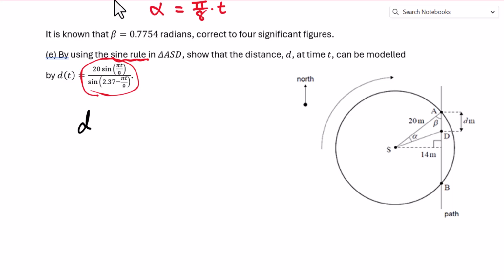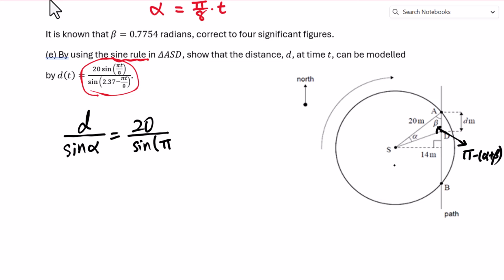So d over sine alpha equals 20 over sine of pi minus alpha minus beta, since this angle will be pi minus alpha plus beta. Cross multiply.